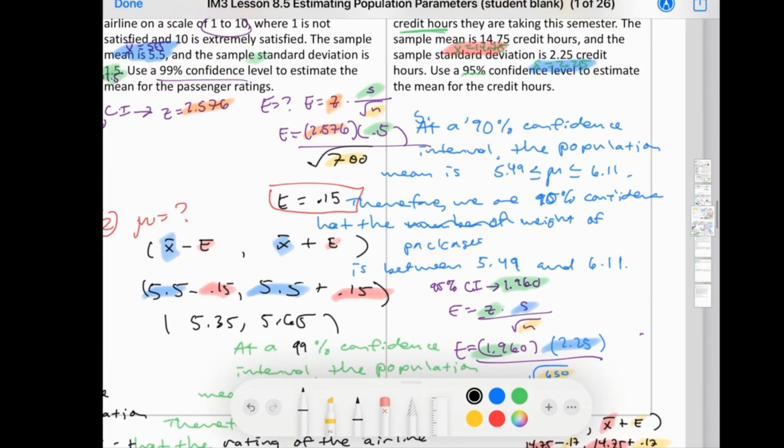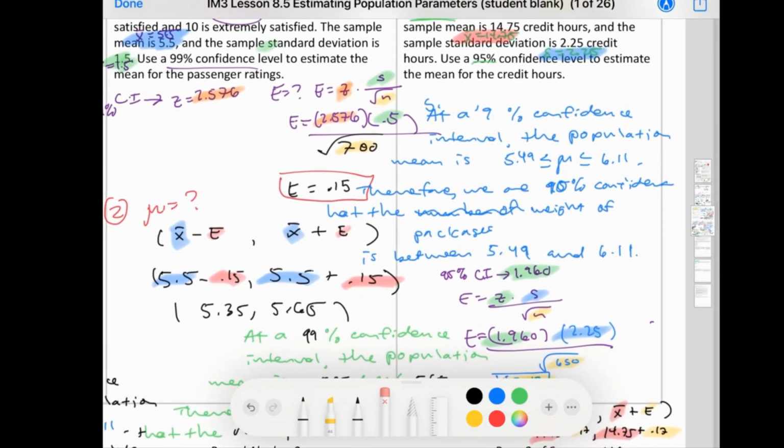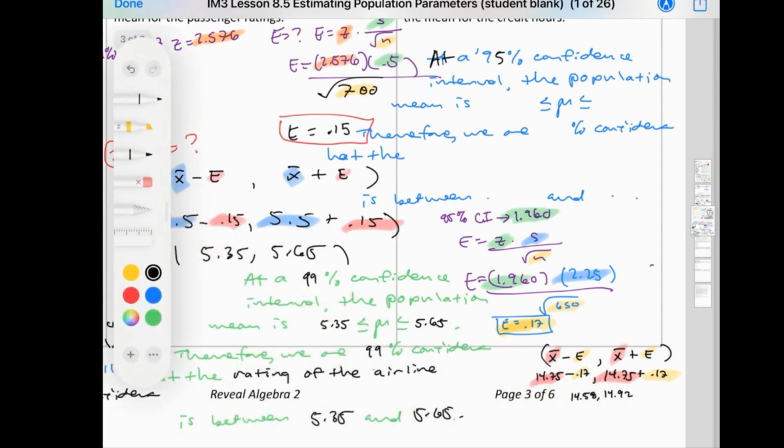Okay, so that means at a 95% interval, erase all the things I'm not going to need in here. At a 95% confidence interval, the population mean is 14.58 to 14.92.